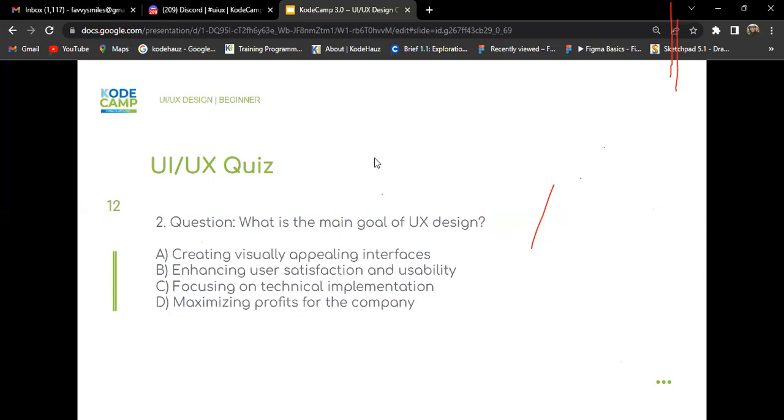Number 2 question, what is the main goal of UX design? A, creating visually appealing interfaces. B, enhancing user satisfaction and usability. C, focusing on technical implementation. D, maximizing profits for the company. Well, you guys are so fast. Wow.